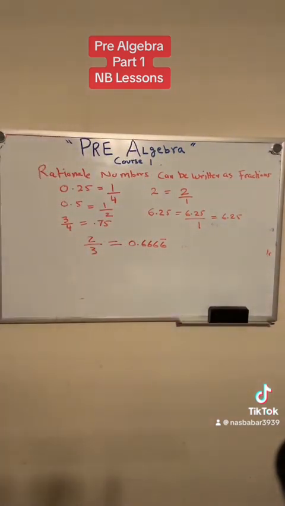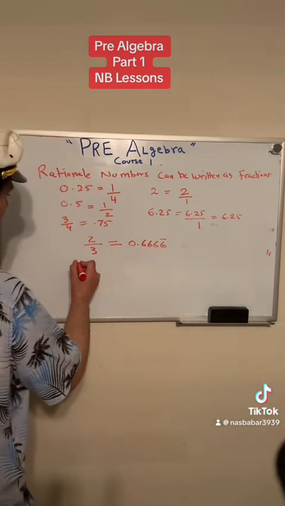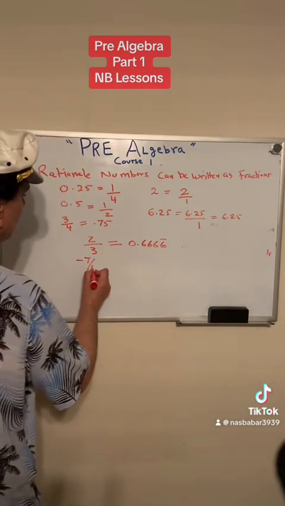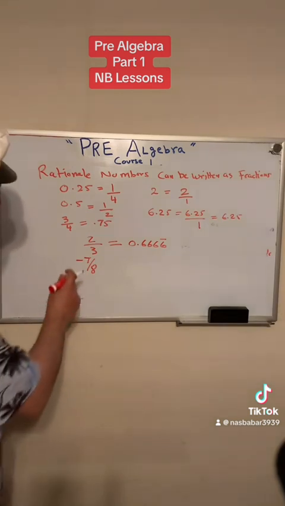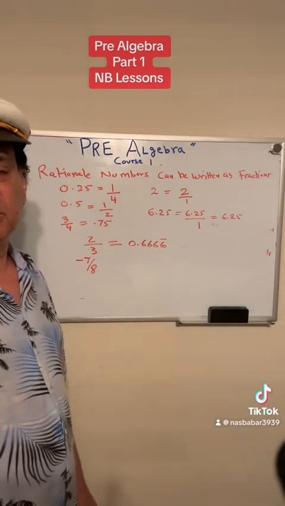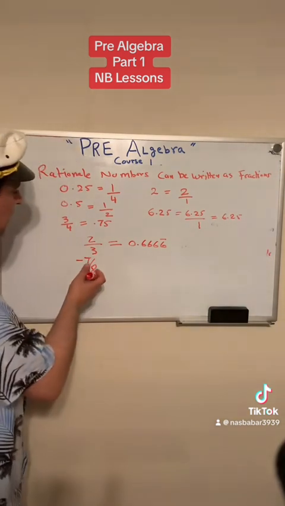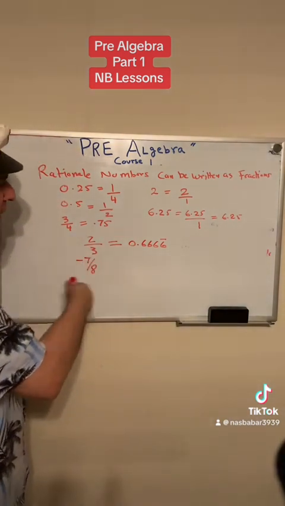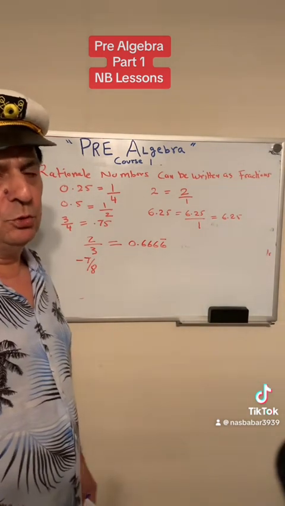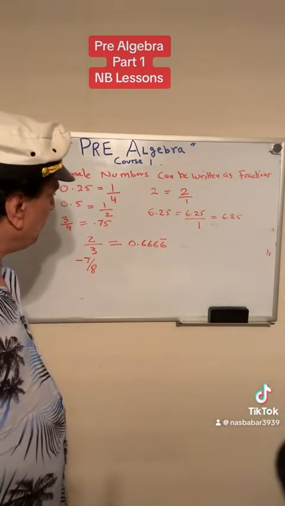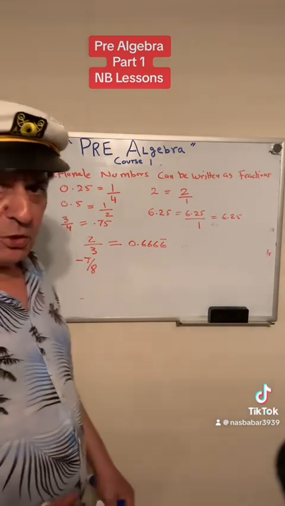So yes, that is a fraction. Let's see, is -7/8 a rational number? Yes, it is. This negative sign has nothing to do with rational numbers. It doesn't matter as long as it can be converted into a fraction form, your numbers are rational. So I think I'm going to stop right here.